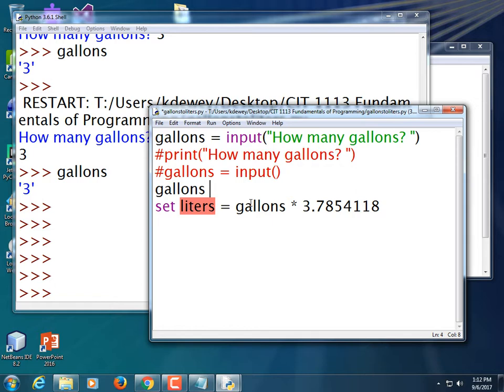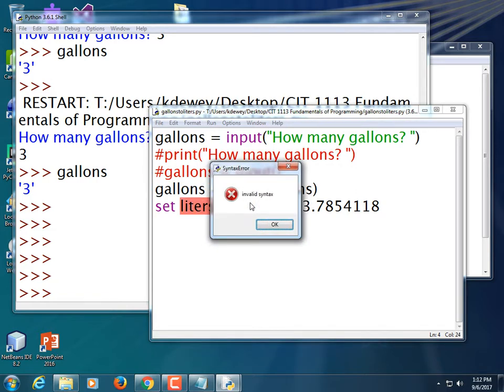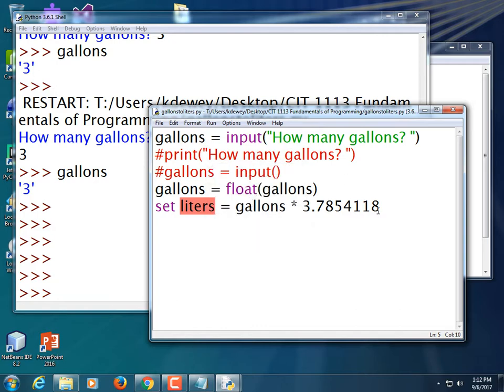Gallons equals float. Now let's try this. See if that fixes it. Still doesn't like it. What's going on? Actually, I don't know what's going on. What is going on?